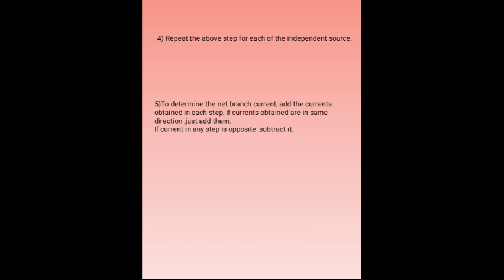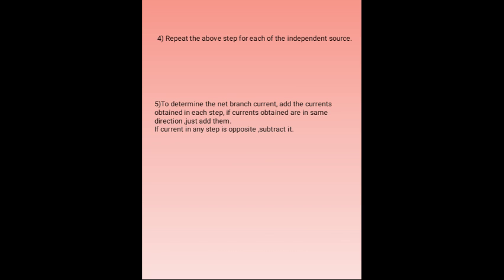In step 4, repeat the above steps for each of the independent sources. Means these steps are applicable for each source. In step 5, to determine the net branch current, add the currents obtained in each step. If the currents obtained are in the same direction, just add.